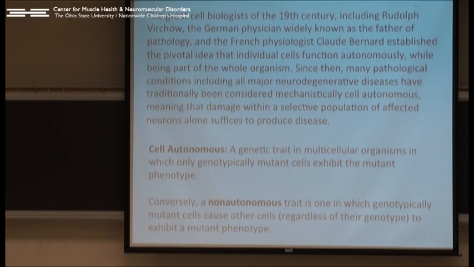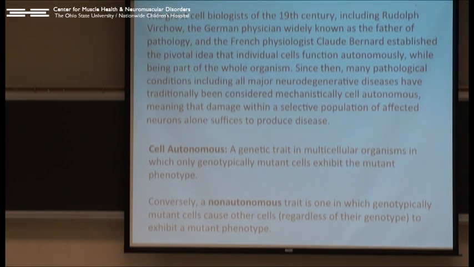Conversely, a non-cell autonomous trait is one in which genotypically mutant cells cause other cells, regardless of their genotype, to exhibit a mutant phenotype. So we're going to dig into this concept here. Just less than a decade ago, ALS was thought to be a cell autonomous disease, and the field has really turned head over heels into thinking of this disease as a non-cell autonomous disease.